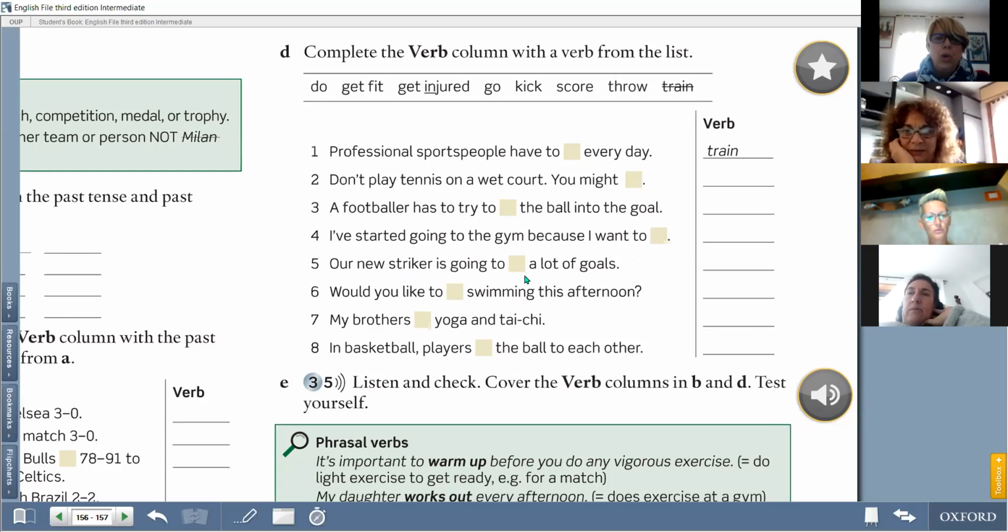Good, score goals, yes. Score is the real verb to use for goals. Il punteggio, no? We say fare gol, but in effect it's segnare. Score, segnare. Yes, and score also means il risultato.